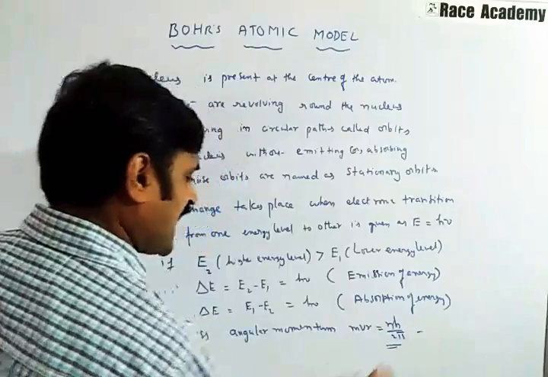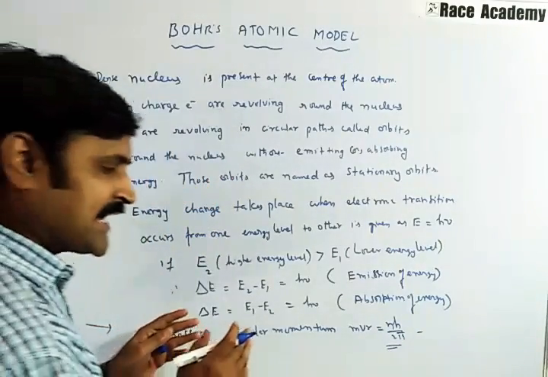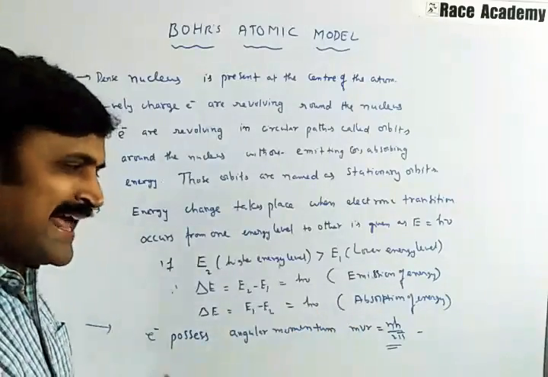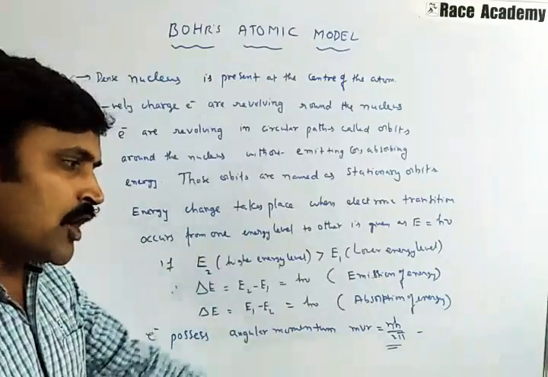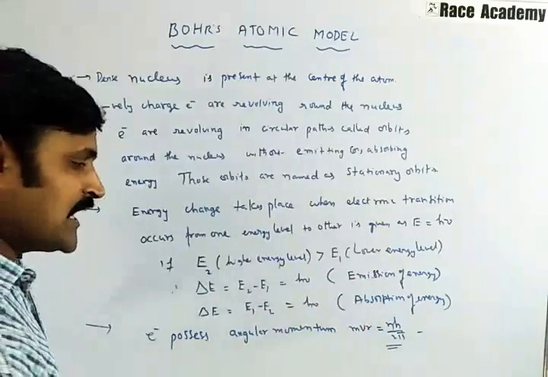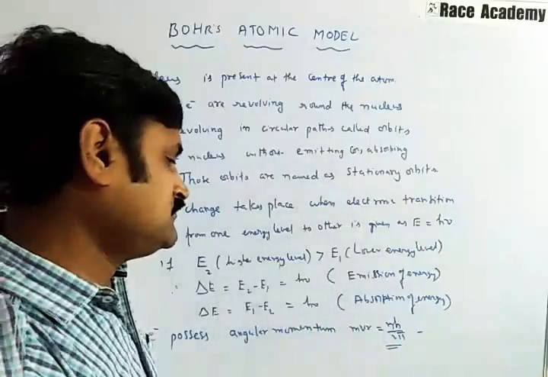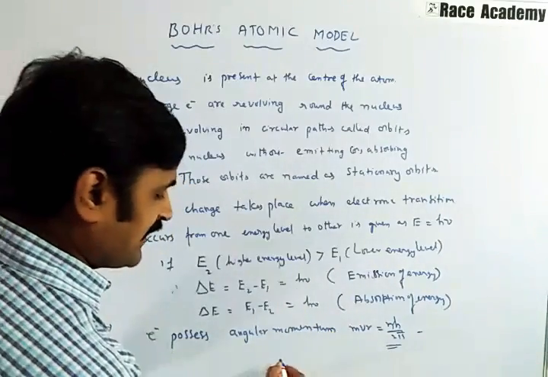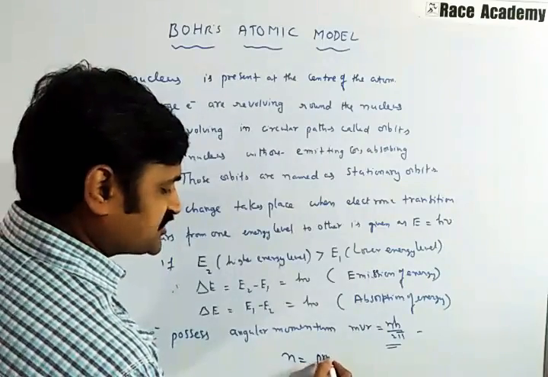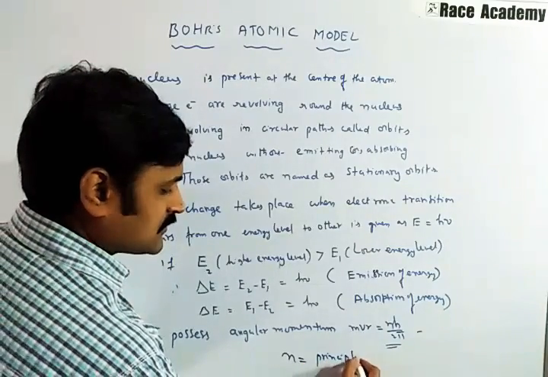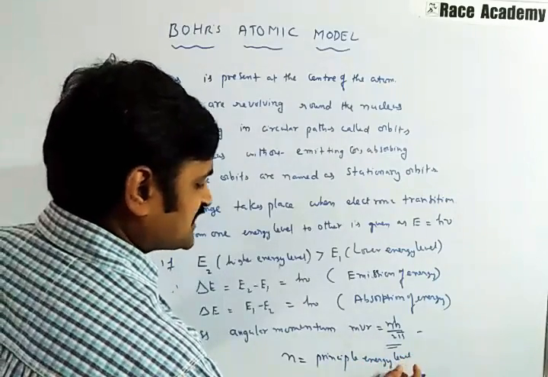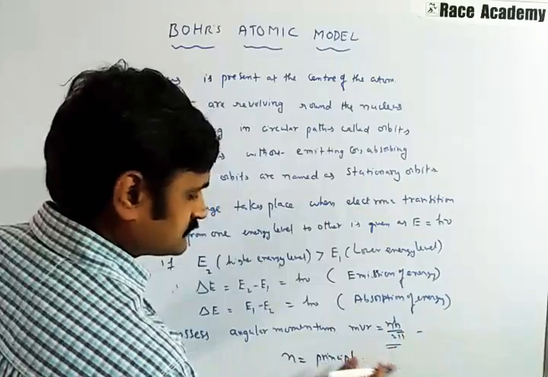Here mvr is the angular momentum, where m is the mass of the electron, v is the velocity, r is the radius of the orbit, and h is Planck's constant. This value is nh by 2 pi, where n is the principal energy level or principal quantum number.